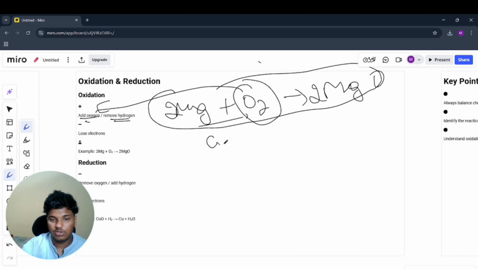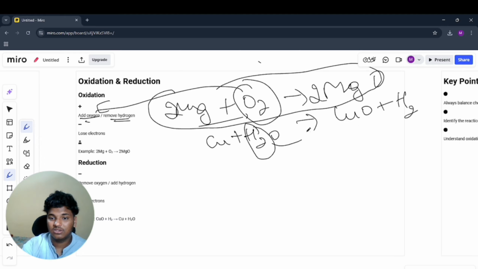I'll take one more example. Here you can see hydrogen has already been added, and we are just removing hydrogen. So this is known as oxidation. Why? Either we have to add oxygen in the reaction or we have to remove the existing hydrogen from the reaction. That is known as oxidation.